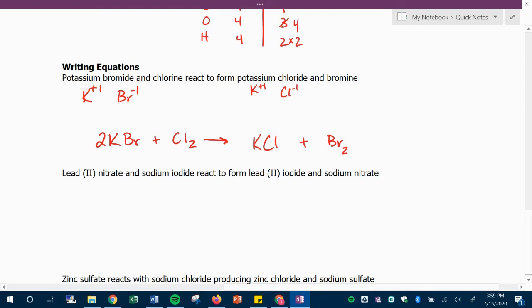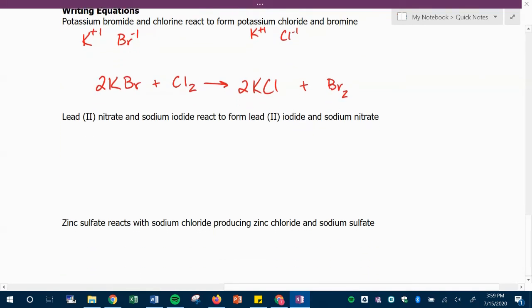So chlorines, we have 2 as reactants, 1 as a product. Okay, well, if we only have 1 as a product, we add a coefficient of 2 in front of the KCl. And so now let's just double check that everything's balanced. Potassiums are balanced, bromines are balanced, and chlorines are balanced. All right, if it's all balanced, that means that then we're done. So let's look at another reaction.